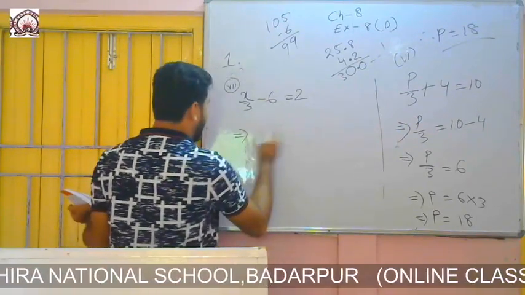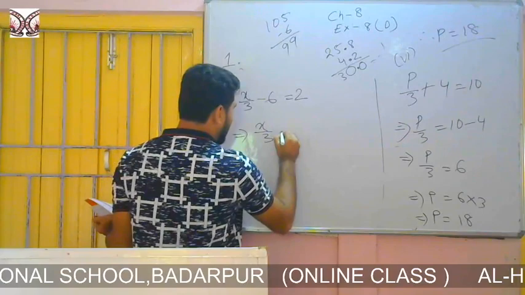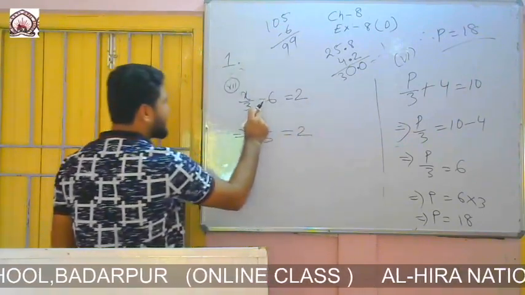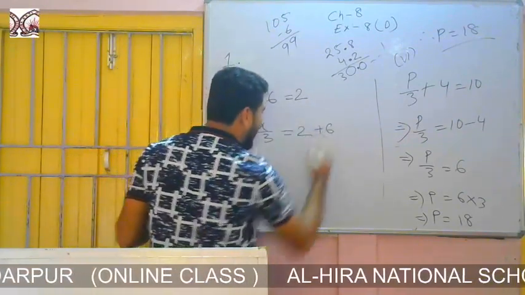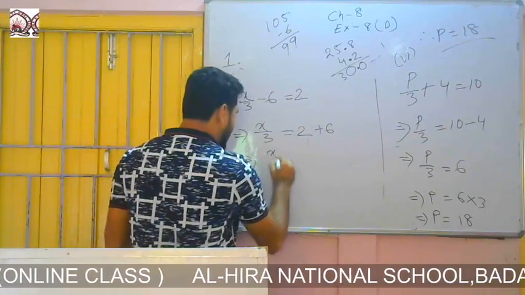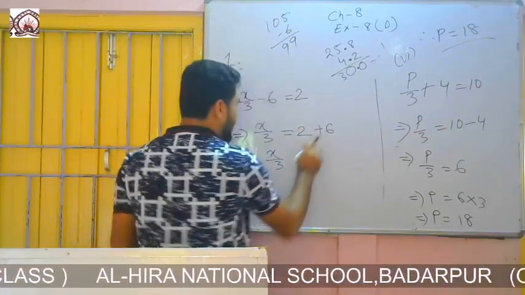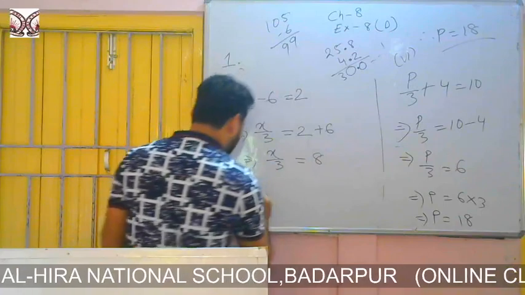Then I can write x by 3 equals 2, and here it is minus 6, so if I take it to the right side, it will become plus. Then I can write x by 3 equals 6 plus 2, 8.